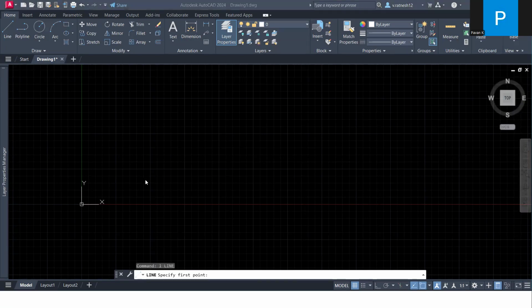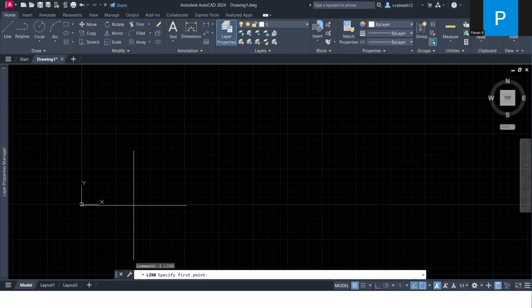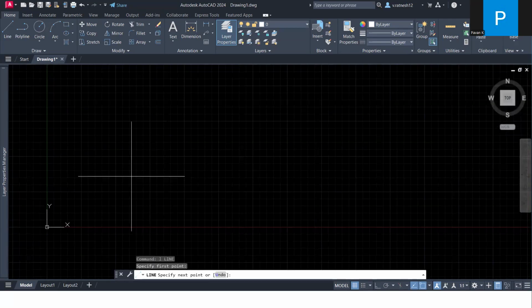So line is activated. You have given the line command with L, and we are going to draw a line. Okay. L, enter. You can move your cursor or point your cursor anywhere in the workspace. So I am putting it here. Okay.